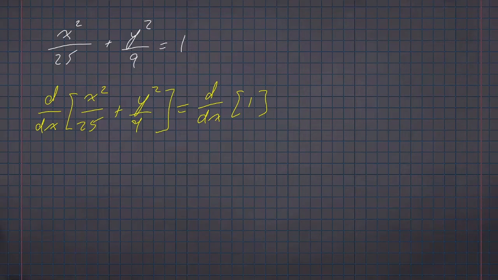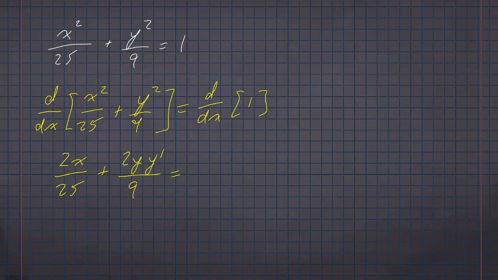Differentiating x squared, the derivative of x squared is 2x. So we have 2x over 25. The derivative of y squared is 2y. But again, remember, we're taking the derivative with respect to x, not with respect to y. So we have to assume that y is a function of x. And using the chain rule, we get 2y times the derivative of y, which we write as y prime. So 2y y prime over 9.